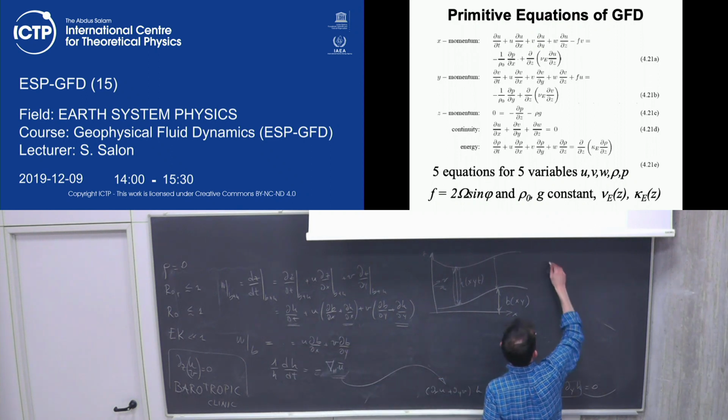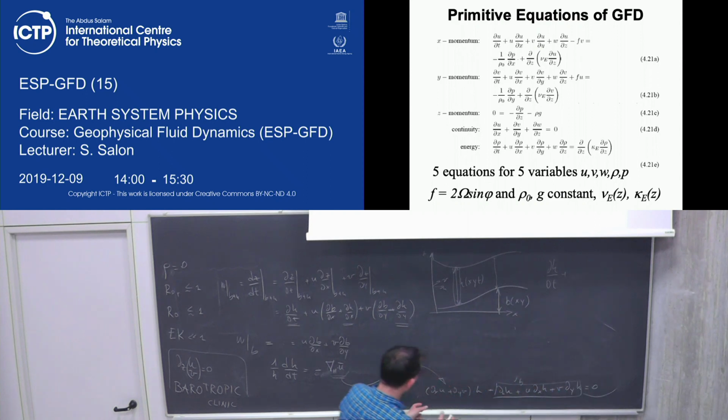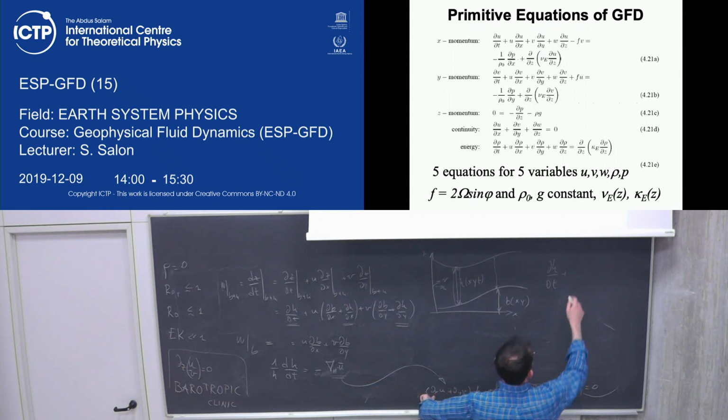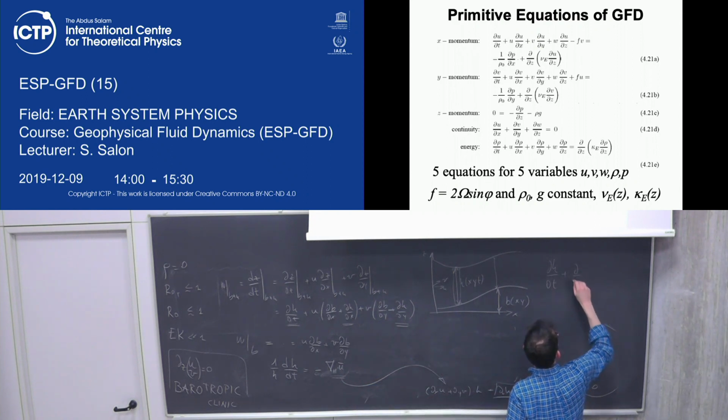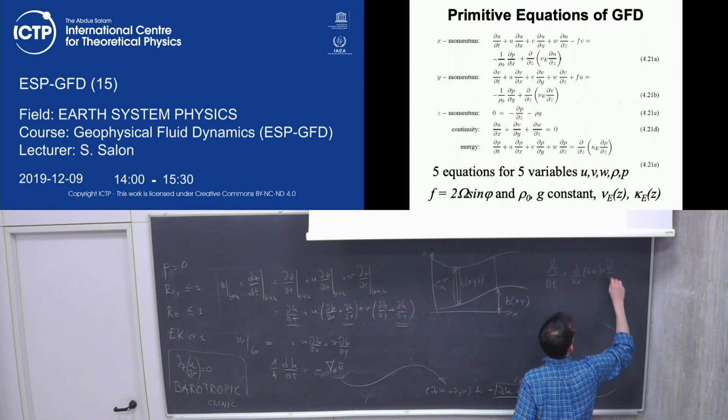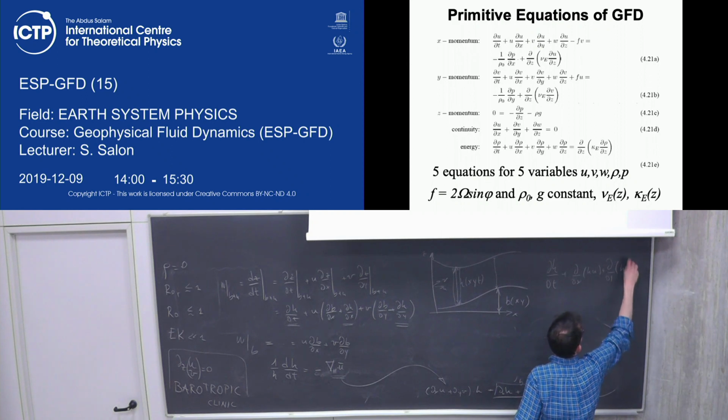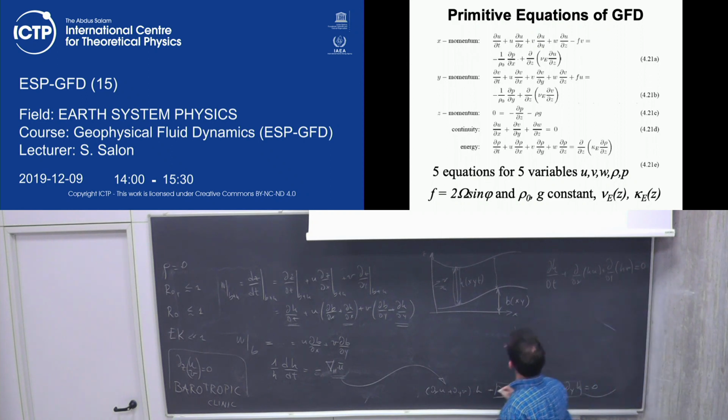So we can also write ∂h/∂t plus, putting together this term and this term, ∂x(hu) plus ∂y(hv), which is another way to say the flux of mass.